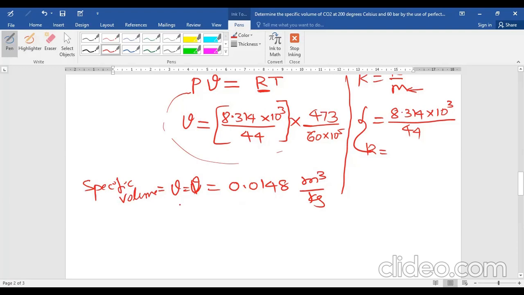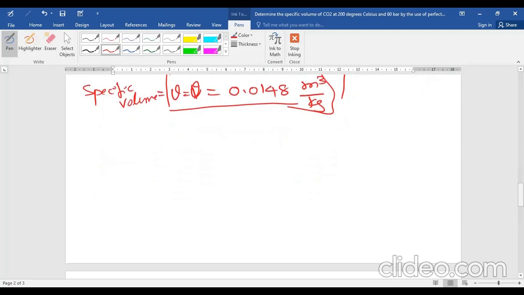If you have a calculator, you cross check this value. Next, using the ideal gas equation, I have solved the specific volume.